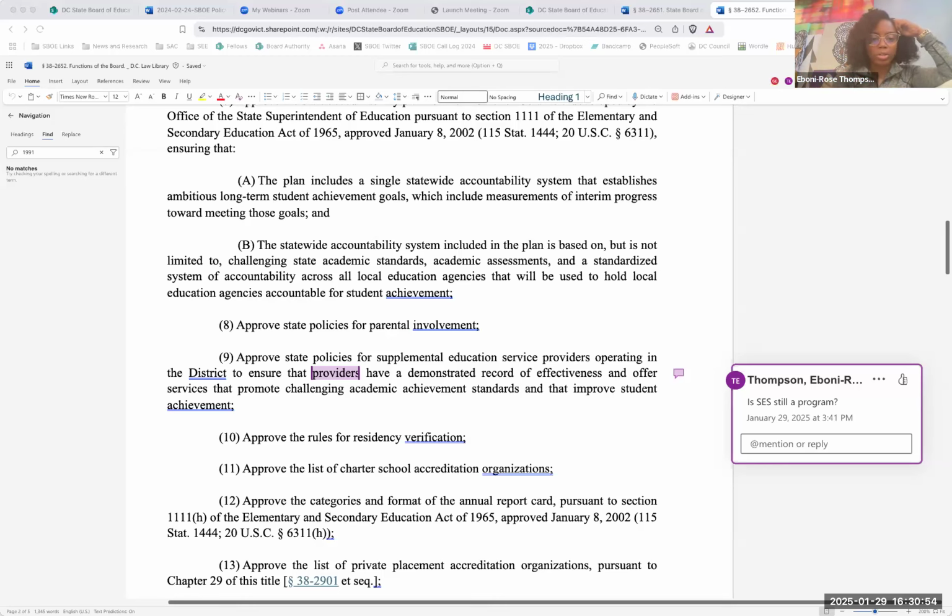PARCC was a consortium that was really popular for state assessments, and that's now changed. So I'm flagging it as something we might want to check, to see if we should be paying more attention to this and doing it on some type of cadence, or if it's a function the PCSB is also performing. Because I don't know of anyone who's actually doing this.